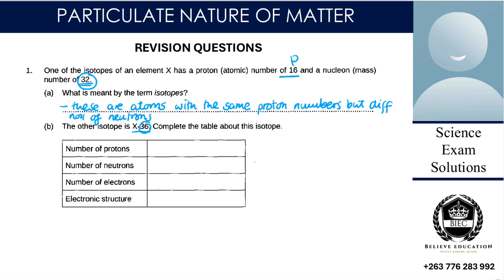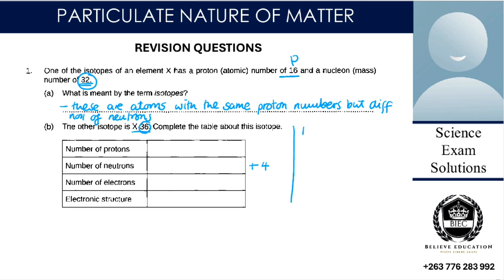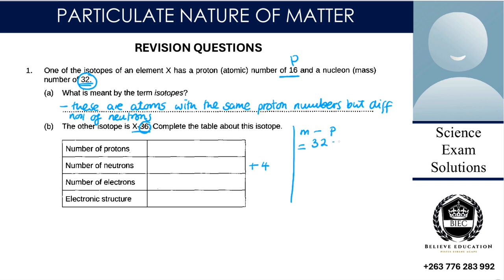So in the neutrons we're saying they are plus what? 4. And then let's look at the first neutrons. The neutrons are mass minus protons, which is equal to 32 minus 16.